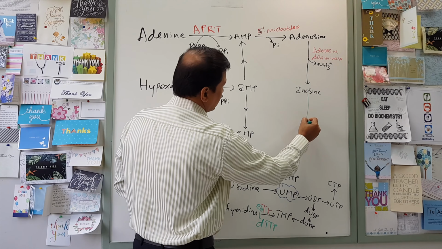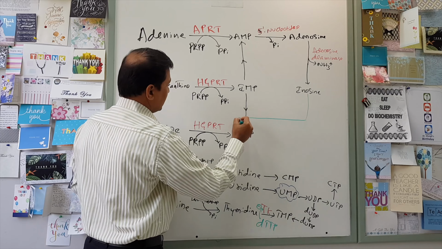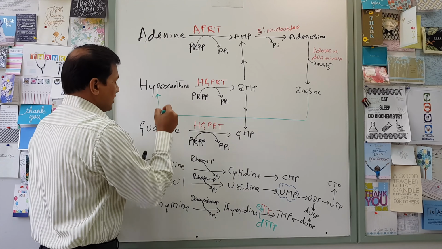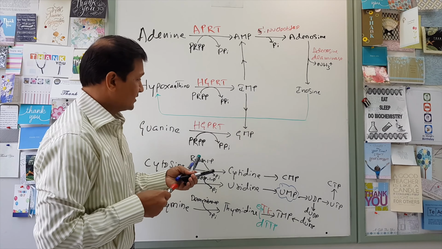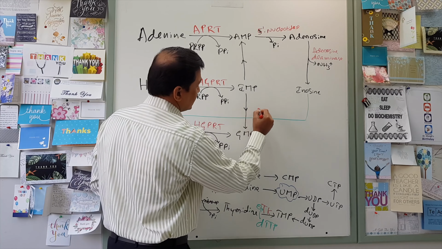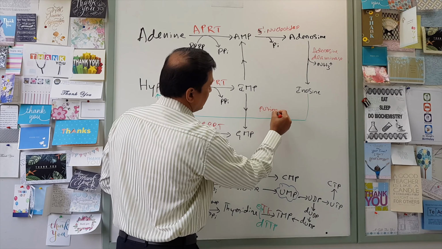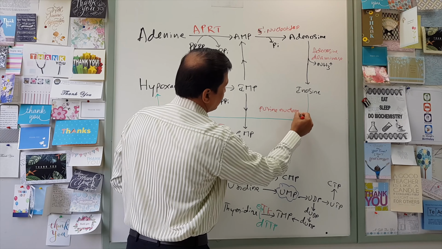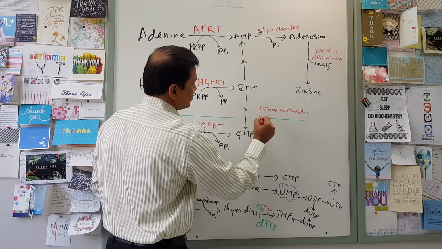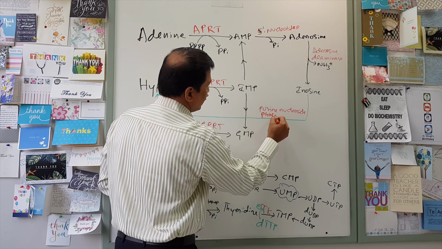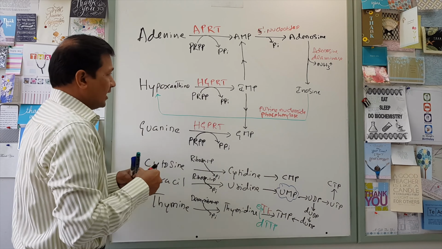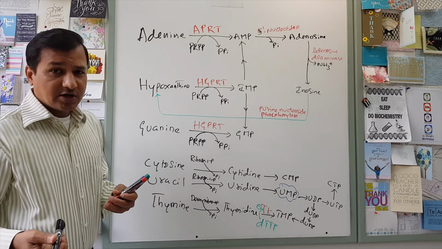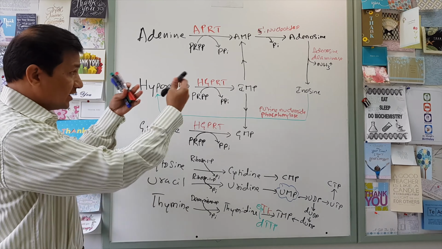I'm going to use a different color here. The job is done by the purine nucleoside phosphorylase enzyme. Inosine is a nucleoside, so it is a purine nucleoside phosphorylase. A phosphorolysis process is going on here, which means you add inorganic phosphate into the reaction and release the ribose.